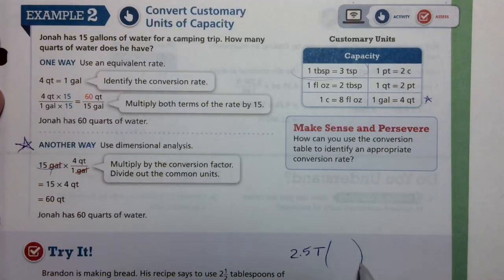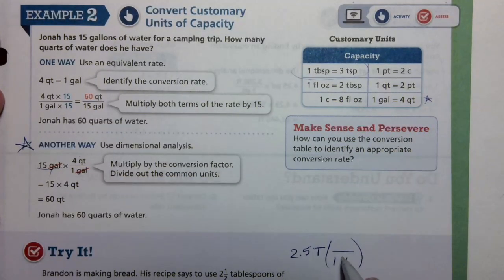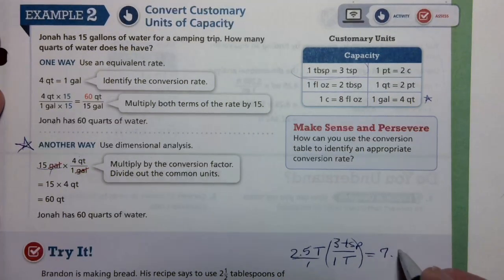So I'm going to multiply, and I want the 1 tablespoon in the bottom. I want the 3 teaspoons in the top. So I just need to take 2.5 and multiply it times 3, which is 7.5. And now it's teaspoons.